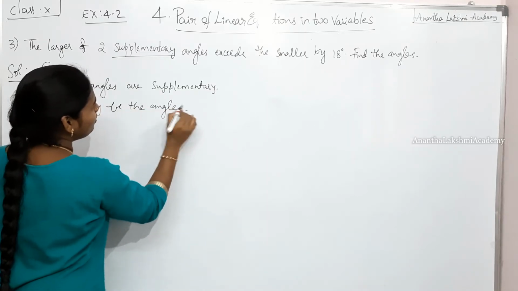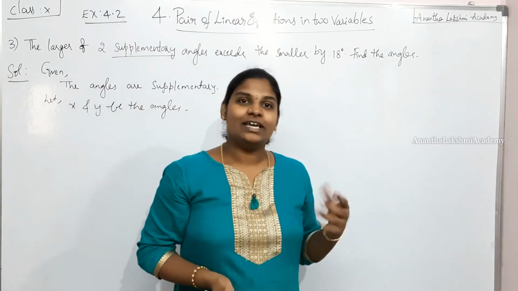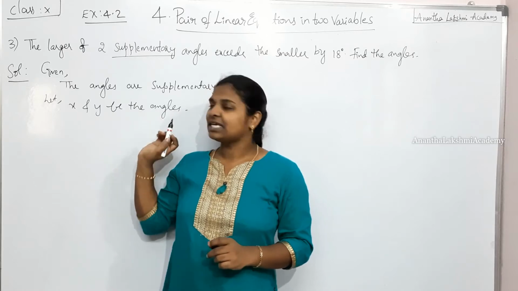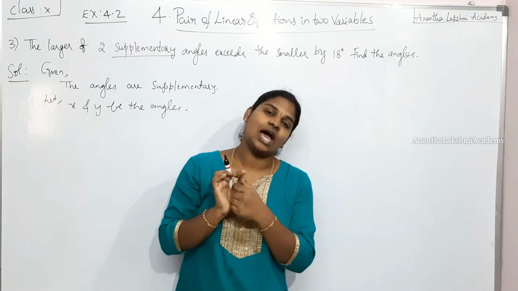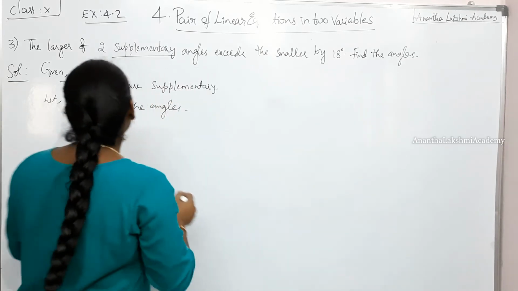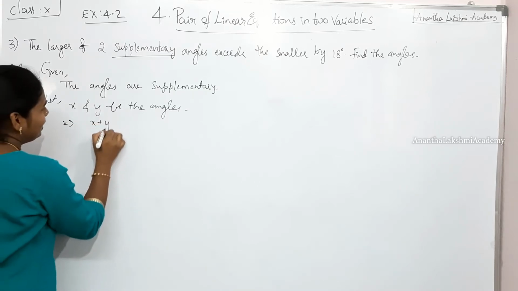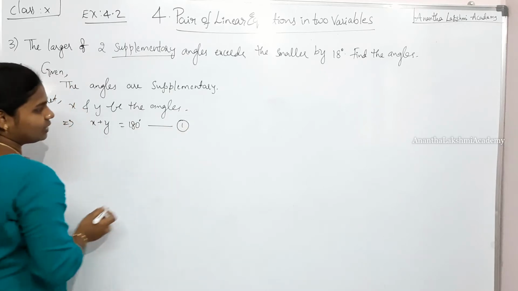So what do you mean by supplementary, complementary? You would have already listened to such words, right? When you say two angles are supplementary, the sum of those two angles is equal to 180 degrees. So x plus y is equal to 180 degrees. Let us consider this as equation 1.